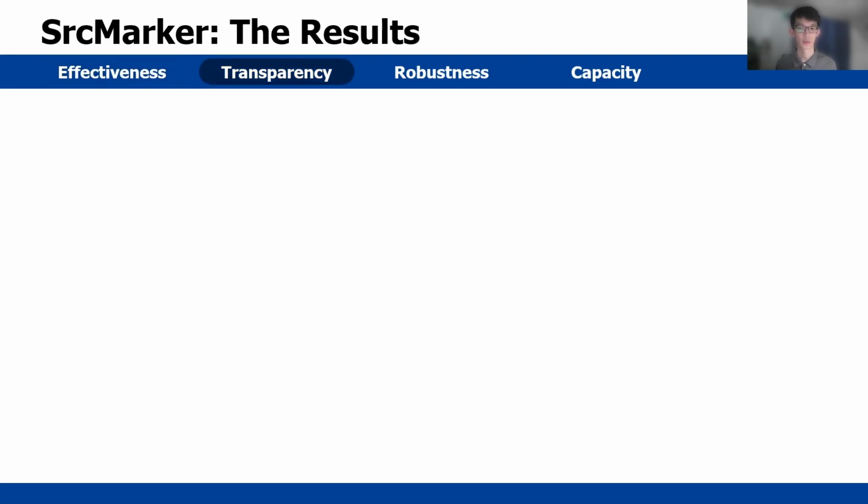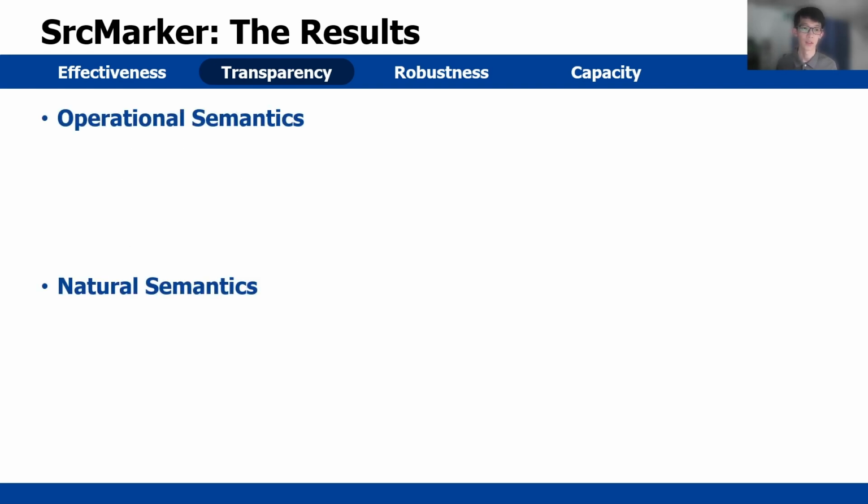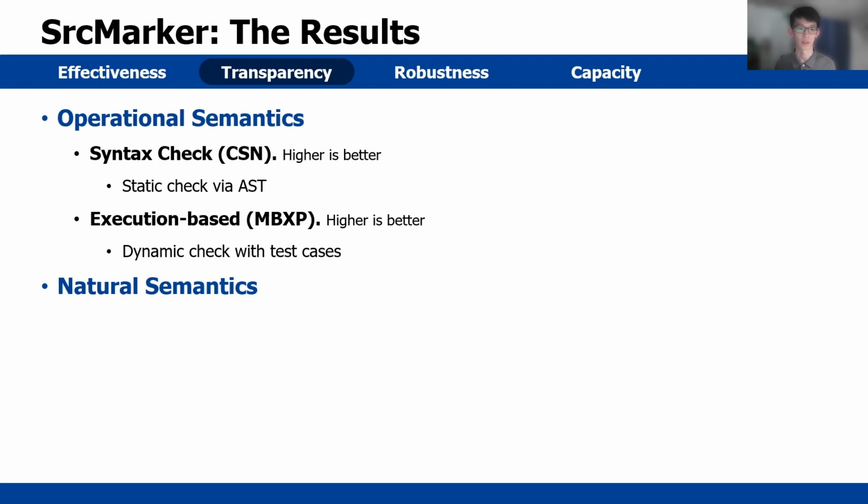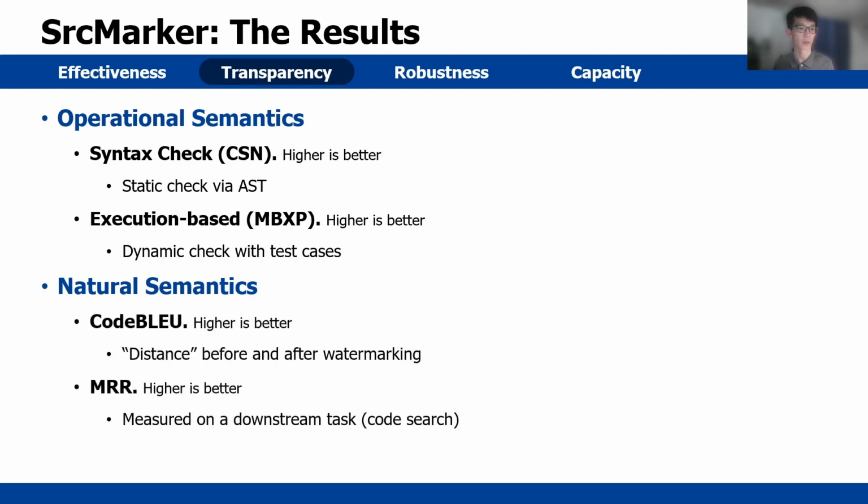And for transparency, we mainly consider the preservation of operational and natural semantics. For operational semantics, we perform AST-based syntax checks on the CodeSearchNet or CSN dataset, and execution-based tests on the MBXP datasets. For natural semantics, we compute the CodeBLEU and MRR scores.